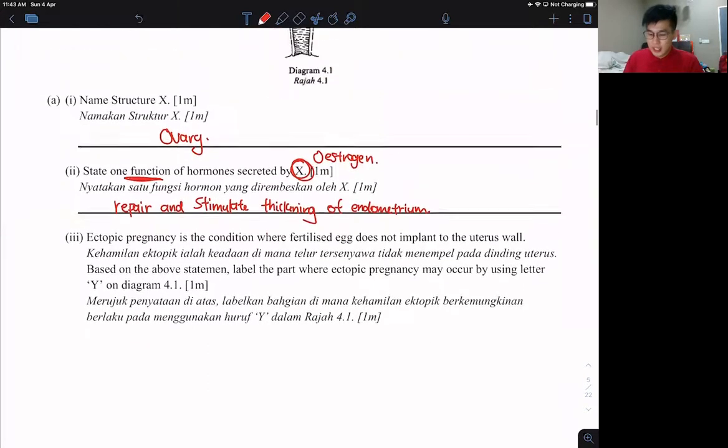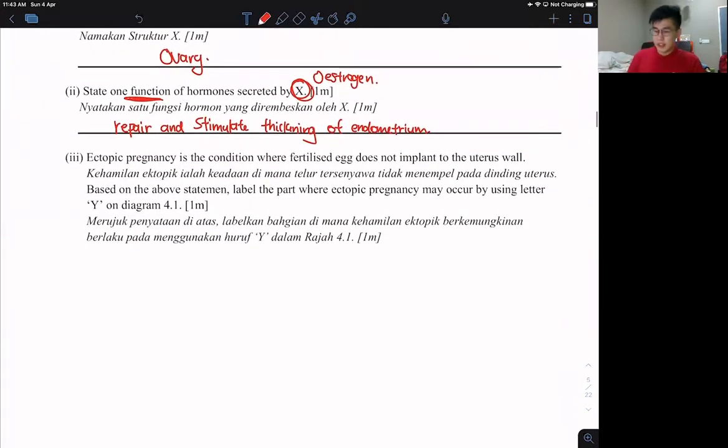Next one, part 3. Now this one, something called ectopic pregnancy, is the condition where the fertilized egg does not implant on the uterus wall. This is slightly out of syllabus, but I could see questions asking before this. So what do you mean by the egg does not implant in the uterus wall?